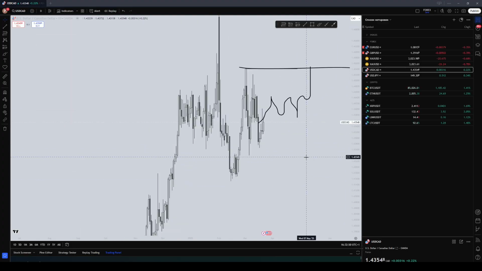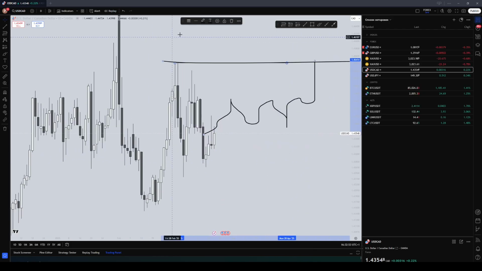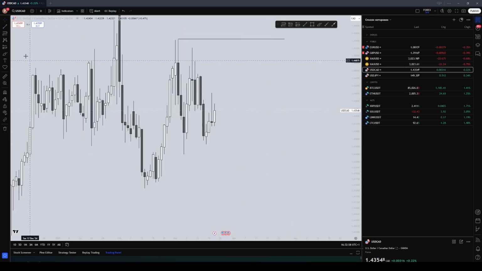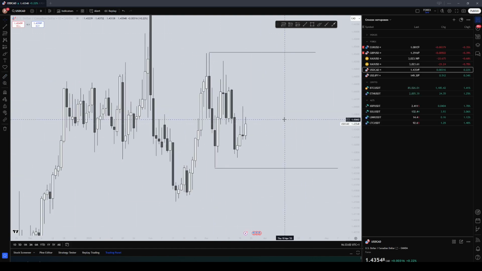About daily, honestly not clear, because at this moment price is like inside of the range between two high time frame liquidity pools, and honestly I don't see clear information which price will achieve first.